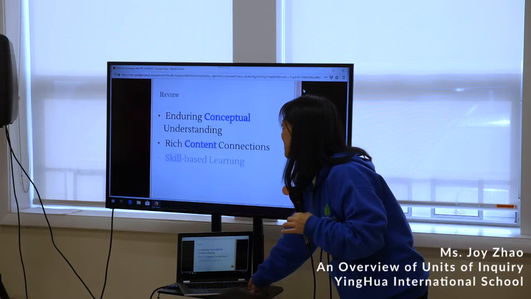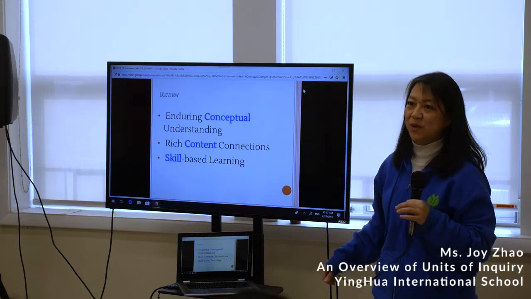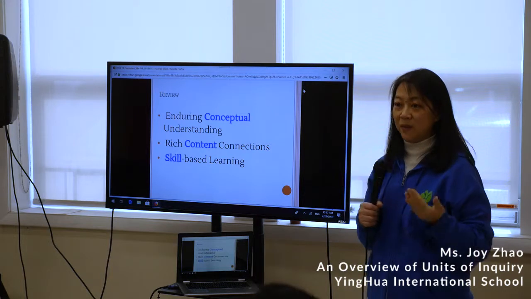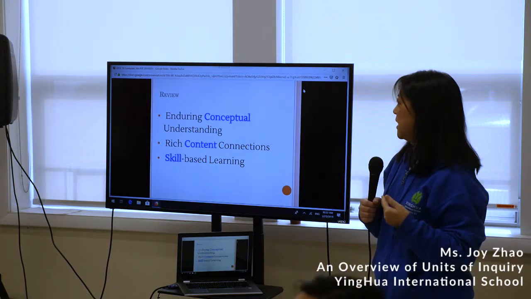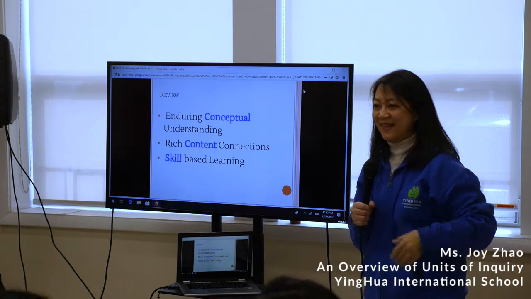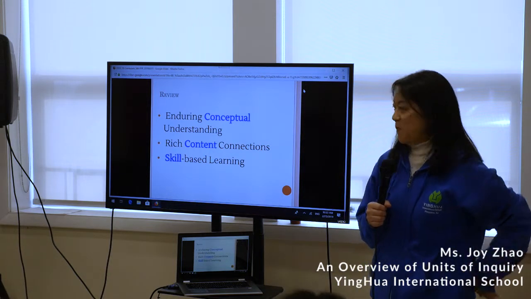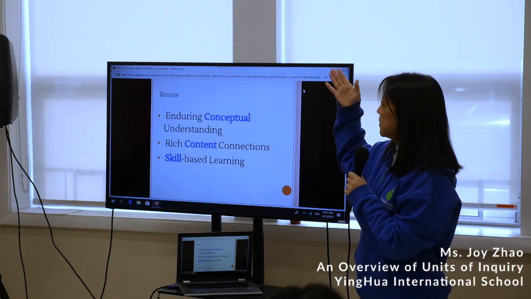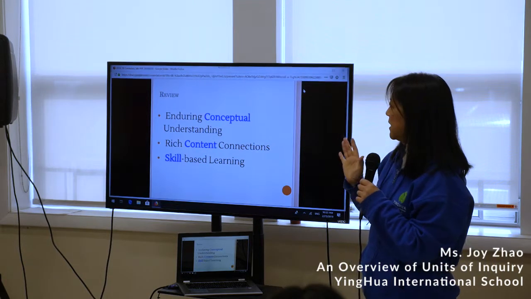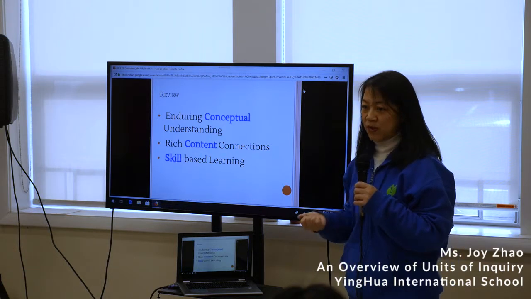So now, simply, there is actually a lot to it. We could spend the full 2 hours on PYP design, but in a nutshell, these are the takeaways that I'm hoping for you to have today. The PYP units of fifth grade are about enduring conceptual understanding.